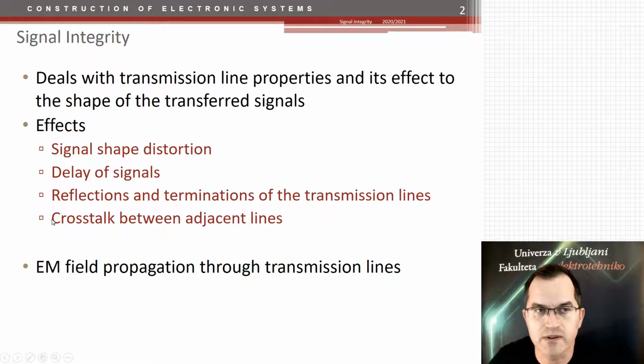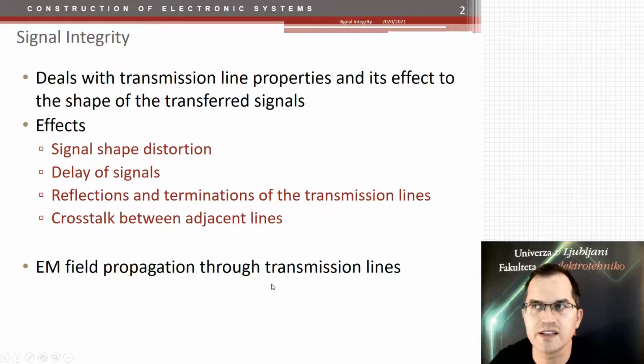We have some reflections on these transmission lines, and therefore we have to terminate them properly, which is a solution to minimize the reflections. And we also have crosstalk between the lines. All that is covered in signal integrity, which actually is a whole separate field of studies. We will just tackle it a little bit.